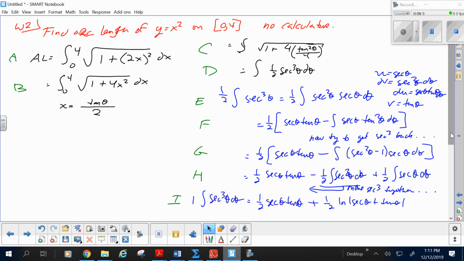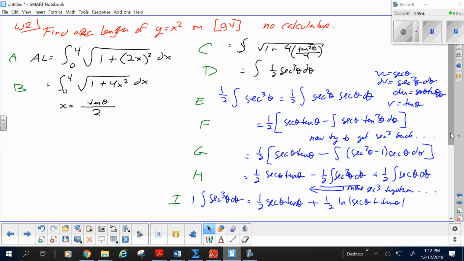Alright, now we good? Okay, so am I ready to bring that back over and call it my antiderivative from 0 to 4? Or is there a problem? What's the problem? Yeah, we were shooting for the antiderivative of 1/2 secant cubed. Okay, so there's two problems with this.